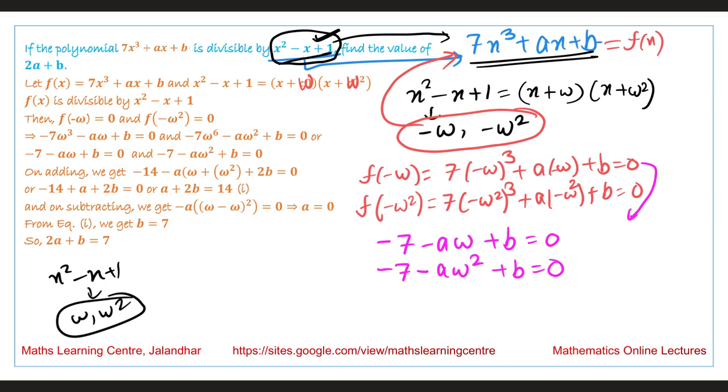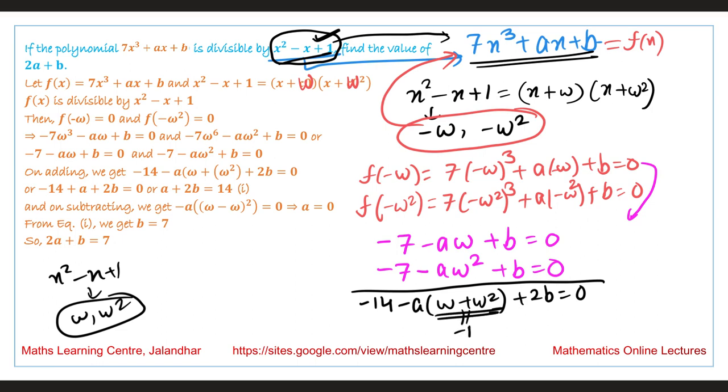Now if we add both these equations, we will get minus 14 minus a into omega plus omega square plus 2b is equal to 0. And what is omega plus omega square? That is equal to minus 1. So minus minus will become plus.